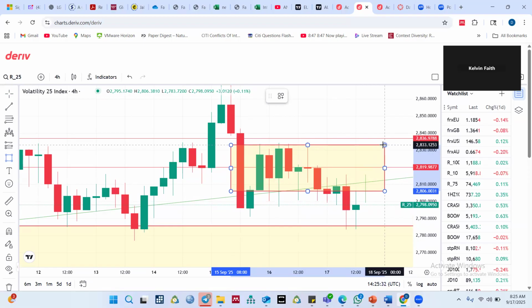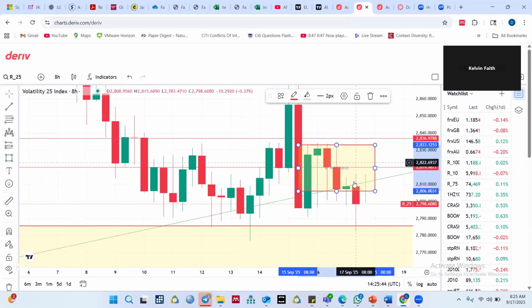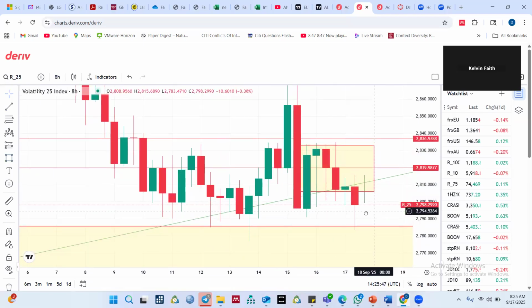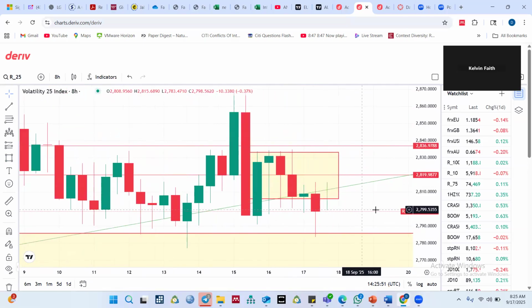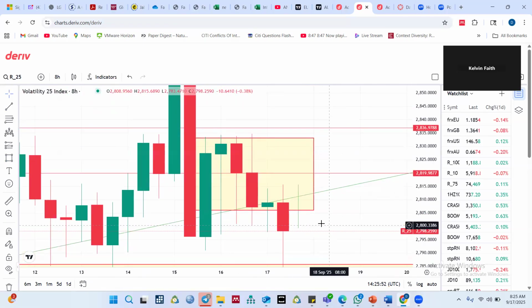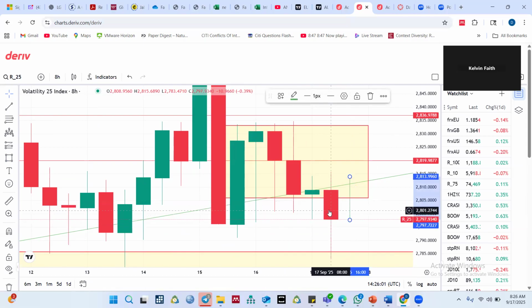But if price is to reject in the current 4-hour candle, or maybe the 8-hour candle that we saw, everything rejects off. The current 8-hour candle that we're dealing with is currently looking like a doji. Yeah, the 8-hour candle is this one.